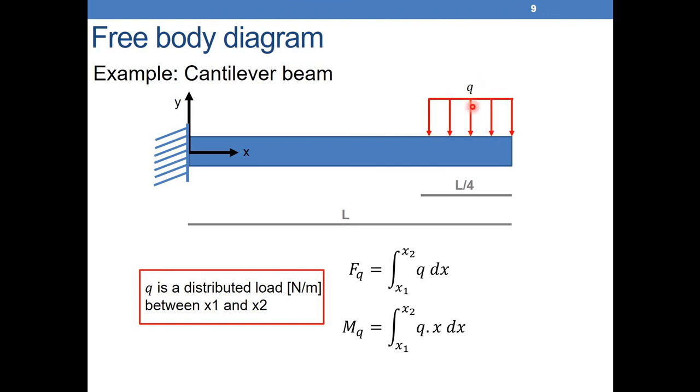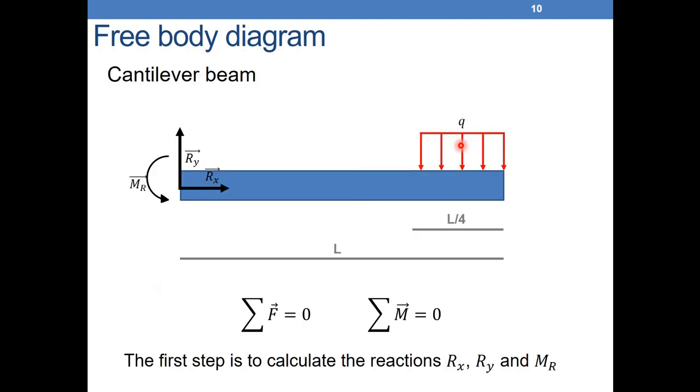We said the distributed load Q is in Newton per meter. It's equivalent to a force equal to Q times L over 4, as if I have a force equal to QL over 4 applied in the middle here. So it's the same as having a distributed load. We can use the integral form to find the force applied by Q and the moment, or we can say that we can replace this by a force equal to Q times L over 4 applied in the middle of L over 4.